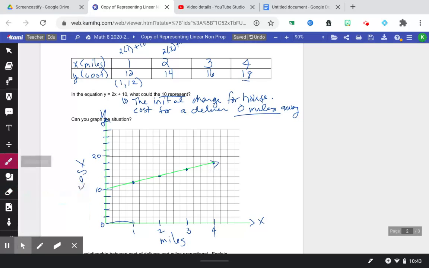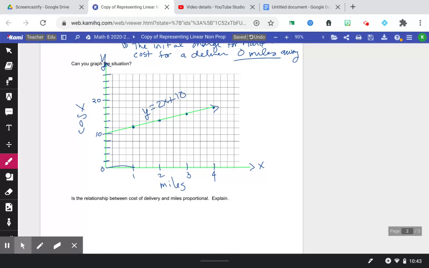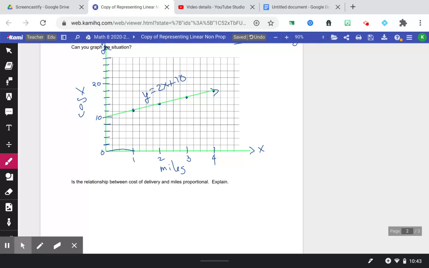The last thing I'm going to do is label my line: y equals 2x plus 10. Is the relationship between the cost of delivery and miles proportional? And explain. I'm going to say no, it's not proportional. Again, just like the last one, it did not go through 0, 0.